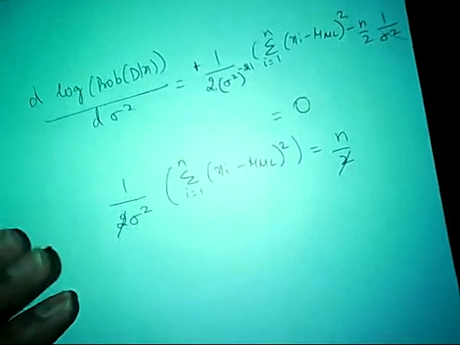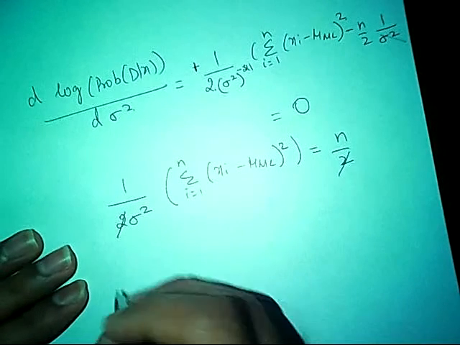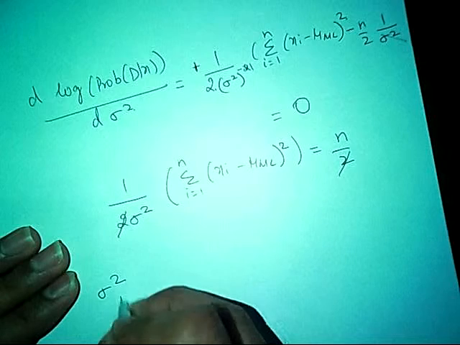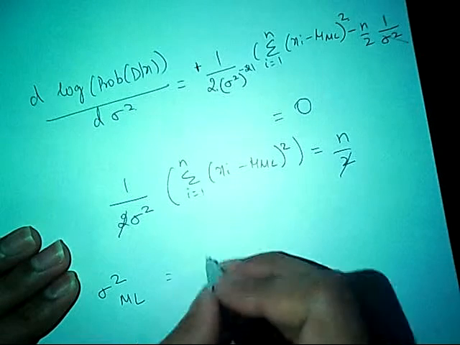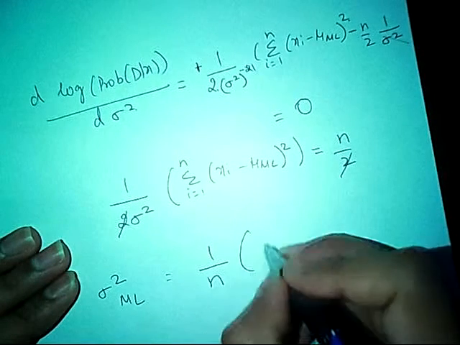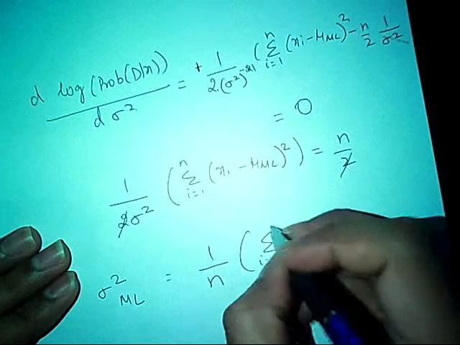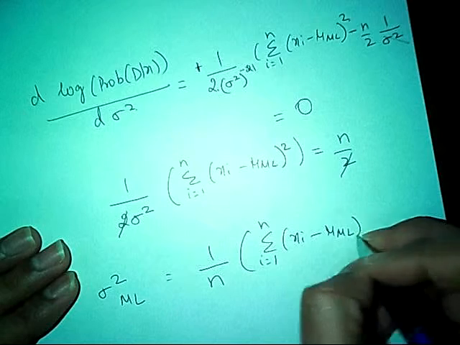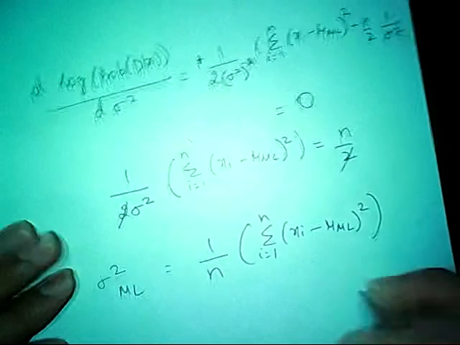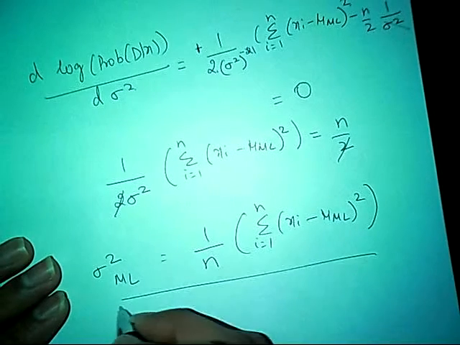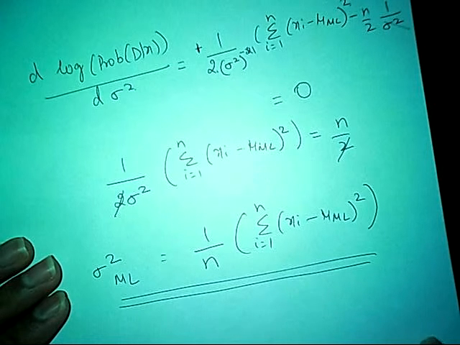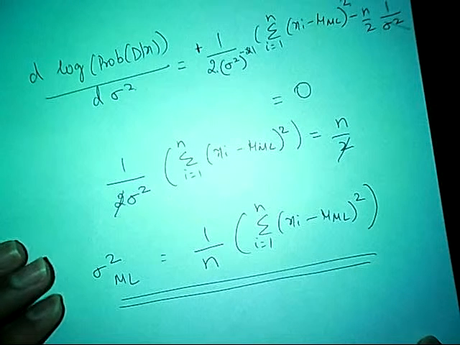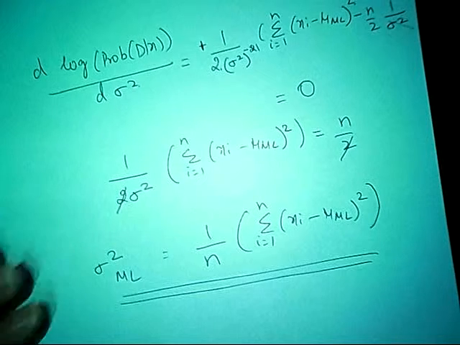Again, I'm going to cancel the 2 and take the sigma squared here, so I'm going to get sigma squared ML equals 1 over n times the sum for i equals 1 to n of (xi minus mu ML) the whole squared. So this is the maximum likelihood estimate of my variance from the data that I have already obtained.